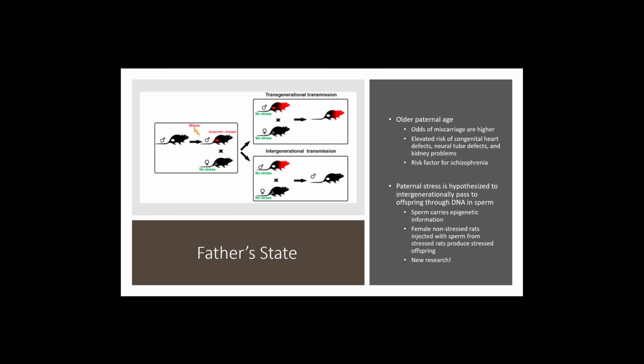If you take sperm from a very stressed male rat and inject it into a non-stressed female rat, that offspring will show signs of stress reactivity similar to the father. So again, highlighting that impact of paternal stress.